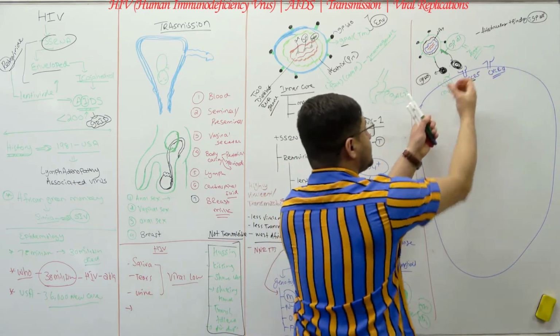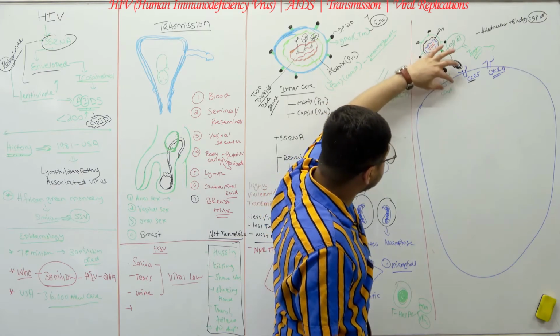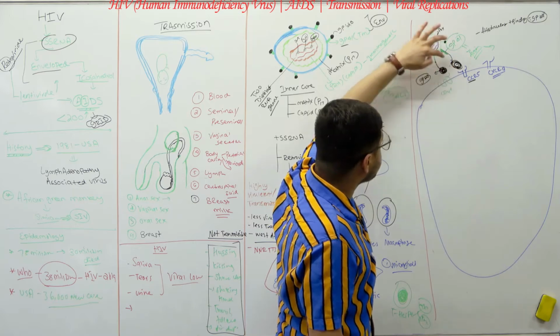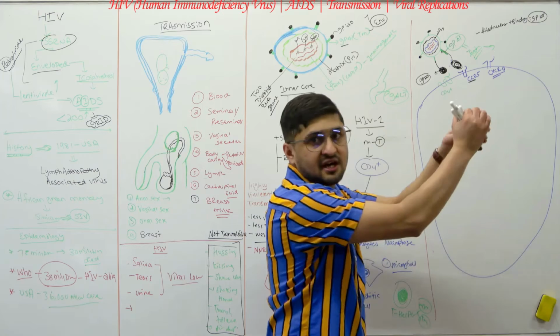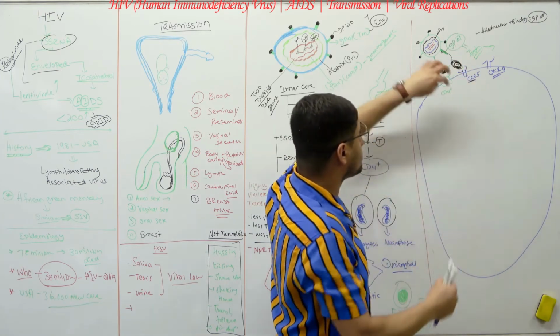Look, it binds, glycoprotein 120 binds to the CD4 positive cell, which causes conformational changes and induces the expression of CCR5, which also binds to glycoprotein 120.